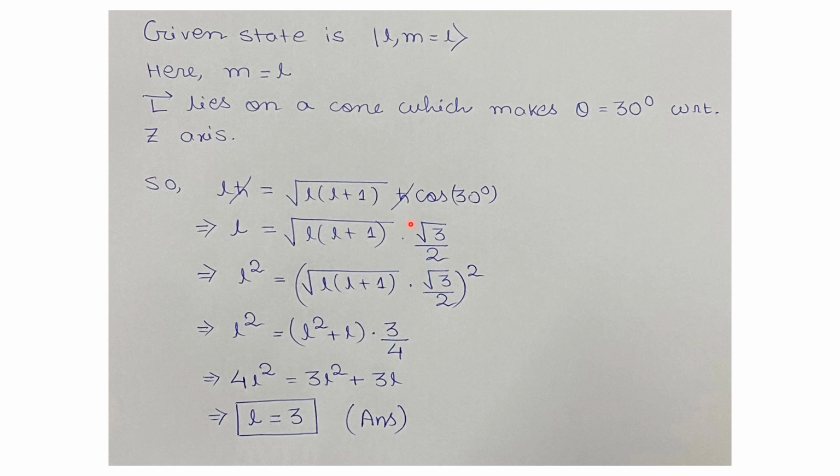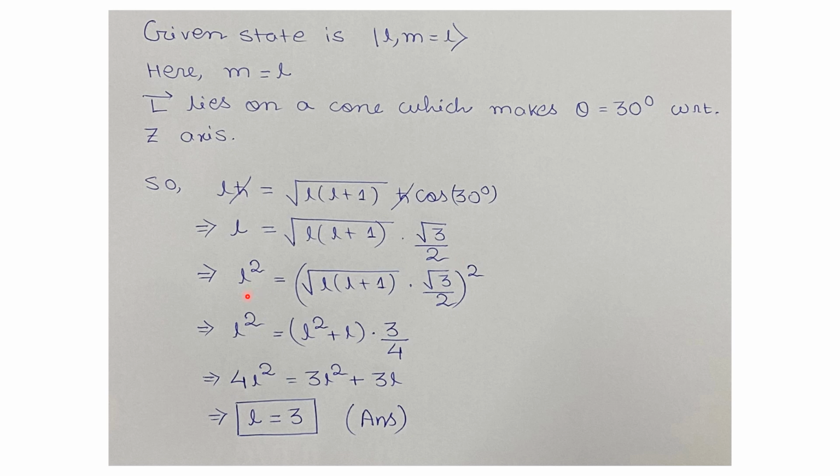So we'll get L h-bar equals root over L into L plus 1 times h-bar times cos 30 degrees. So h-bar and h-bar will be cancelled out from both sides, and we'll get L equals root over L into L plus 1 times cos 30 degrees, that is root 3 by 2.